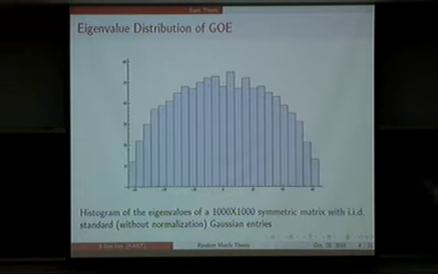You can check that between some value and some value, the matrix has this many eigenvalues. And because all the entries have mean 0, you can easily expect that the eigenvalues will be around 0 on average.